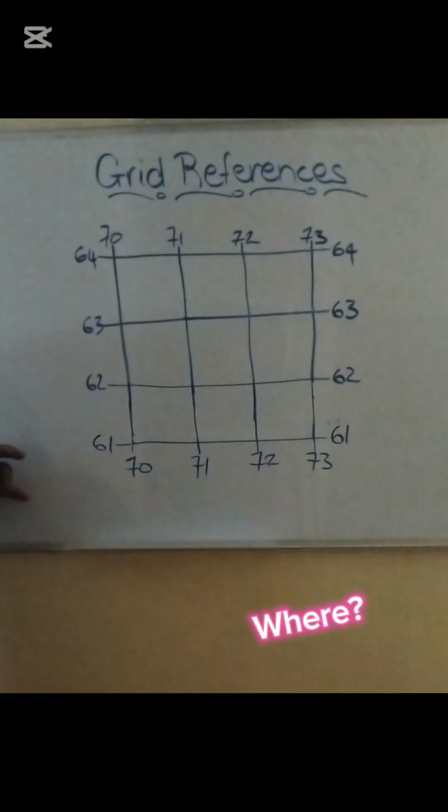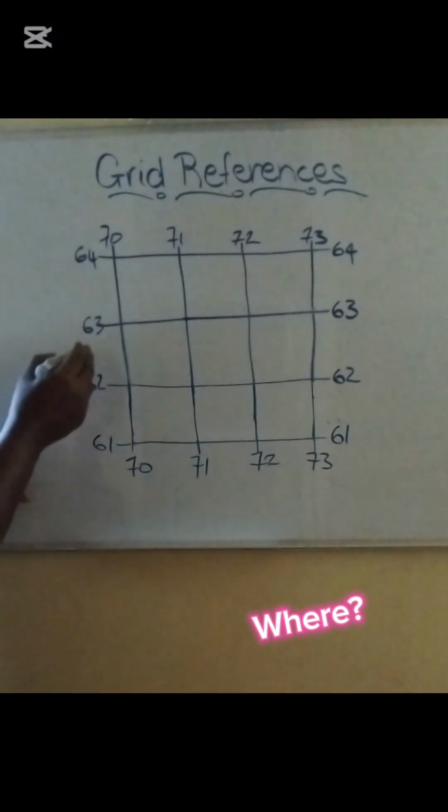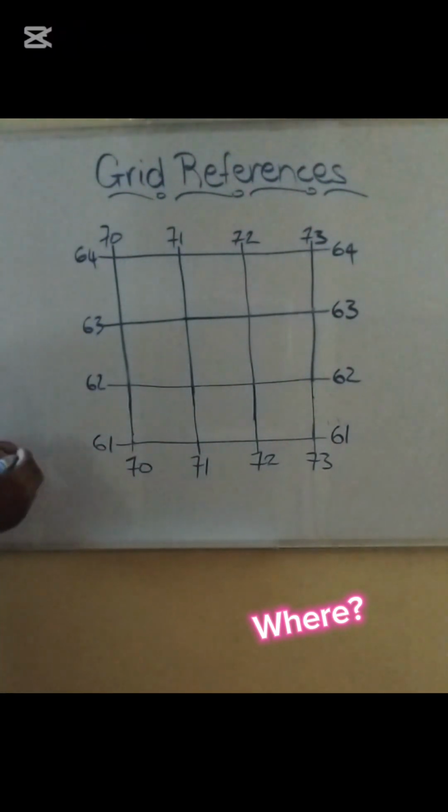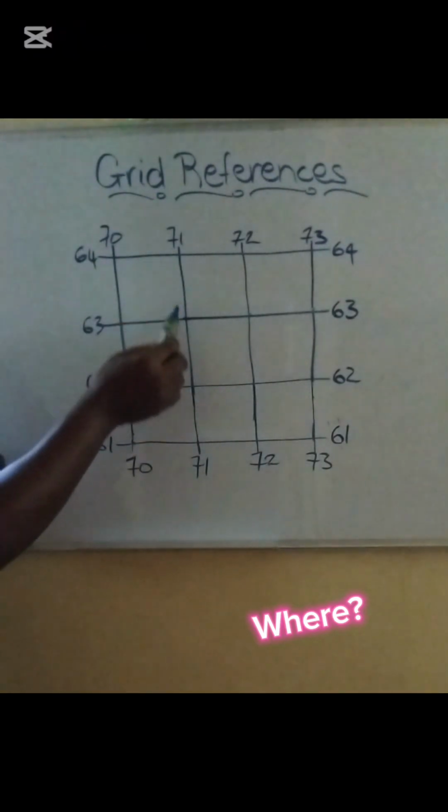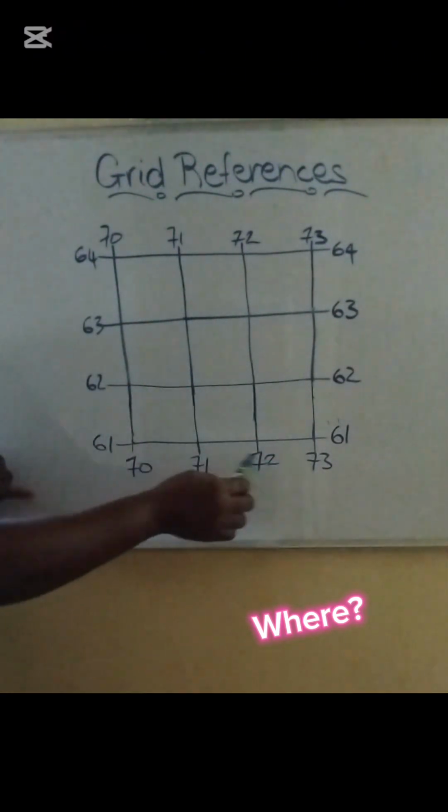Okay. Now in determining the 4 and 6-figure grid reference, we need to pay attention to the numbering. Okay? Now pay attention here. This vertical line, it starts with 70, 71, 72, 73.